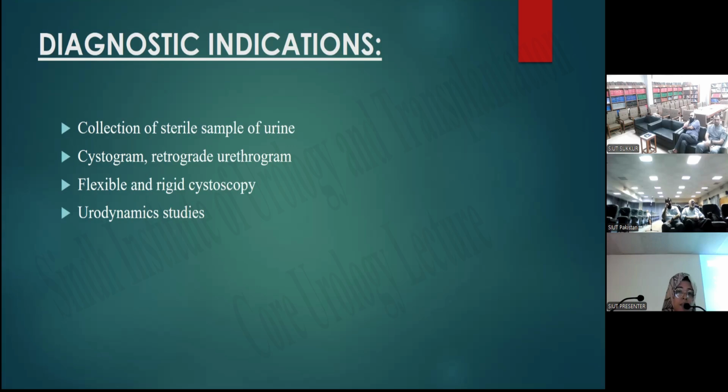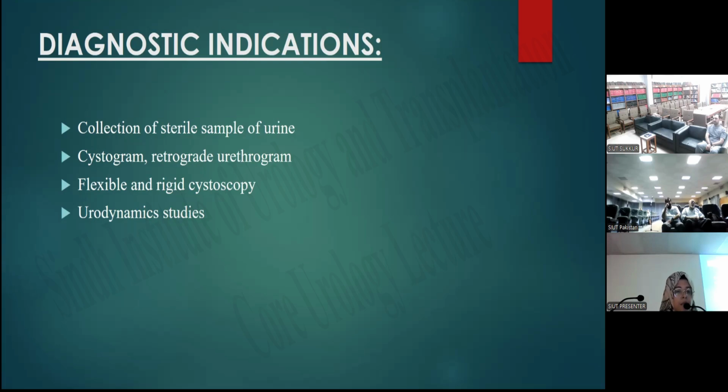The diagnostic indications include collection of a sterile sample of urine. In cases of bladder trauma or urethral trauma, it helps in performing the cystogram and retrograde urethrogram, and flexible and rigid cystoscopy is a type of perurethral catheterization, through which various lower urinary tract pathologies can be diagnosed.